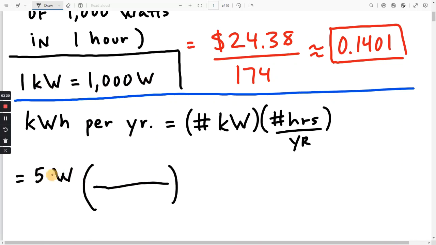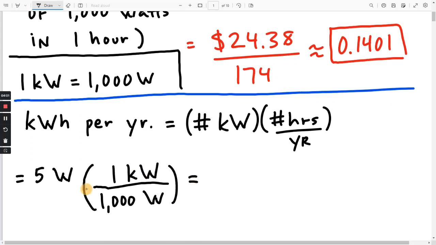Watts is in the numerator here, and we want watts to drop out because we want kilowatts, not watts, so I'm going to put watts in the denominator: 1,000 watts equals 1 kilowatt.